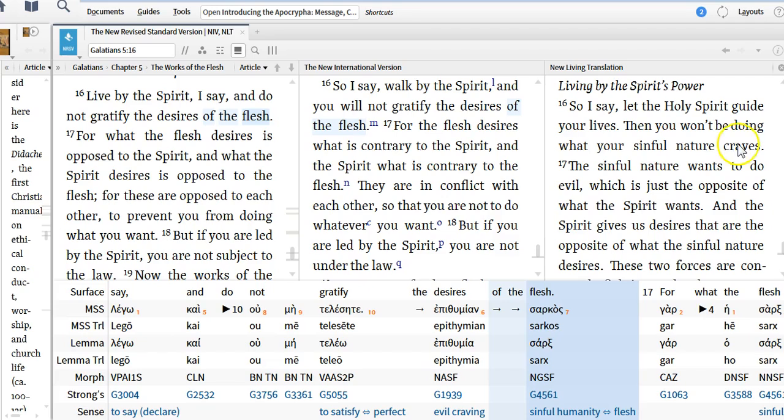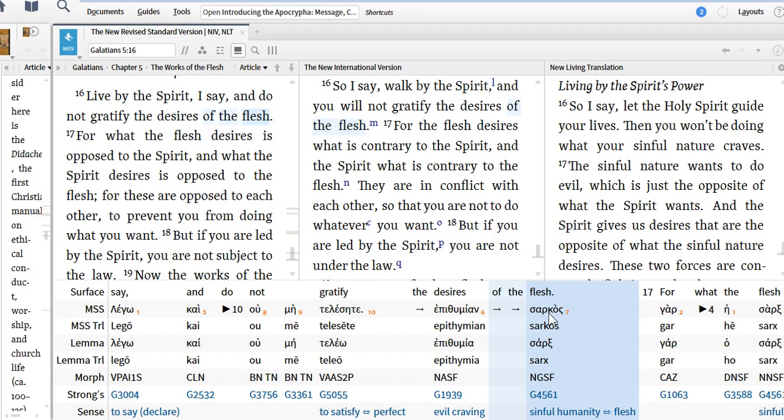Well, craves obviously comes from the translator's understanding of the word desire, the accusative noun, and your sinful nature is the NLT's rendering of the Greek word flesh. Rather interpretively, what does flesh mean? Well, according to the NLT, it means our sinful nature.